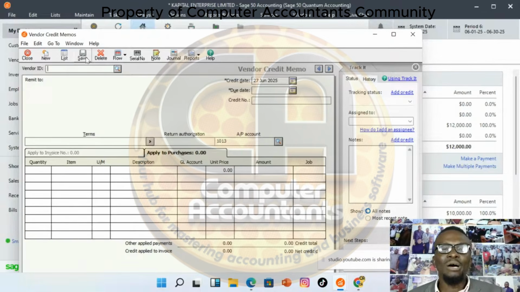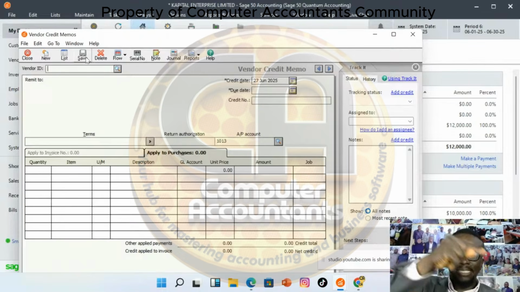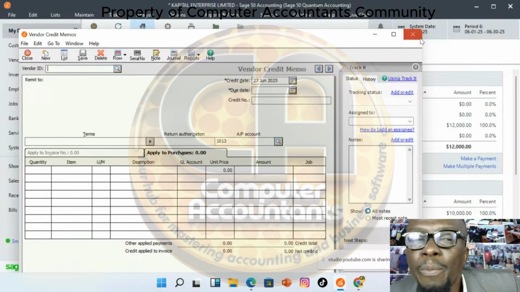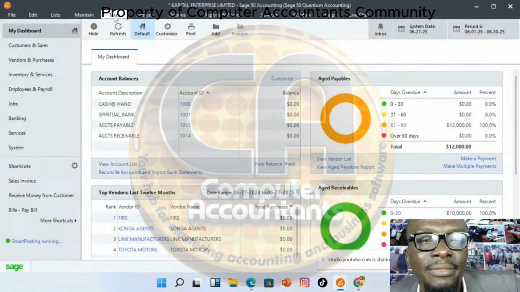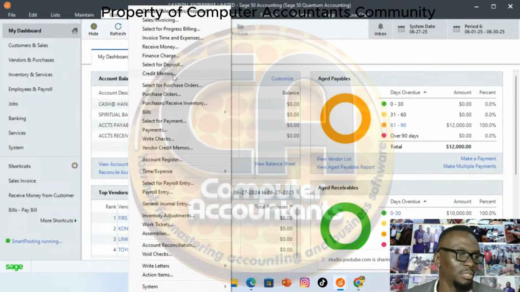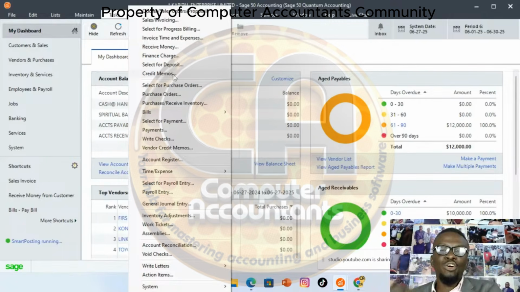In that regard, it becomes return inwards because our customers are returning it back to us. So what do you do? You go back to the same tax and select credit memo. In this regard, we are now crediting our customers against us. The implication is it will reduce what the customer is owing us.